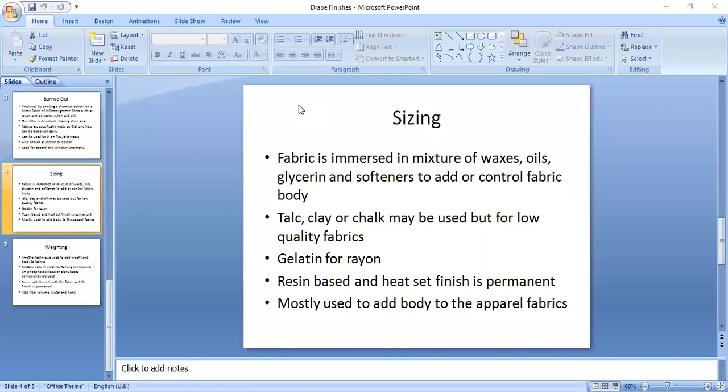Gelatin is used on rayon because it gives a clear finish that enhances rayon's natural luster. Sizing adds stiffness, crispness, weight, and body to fabric.